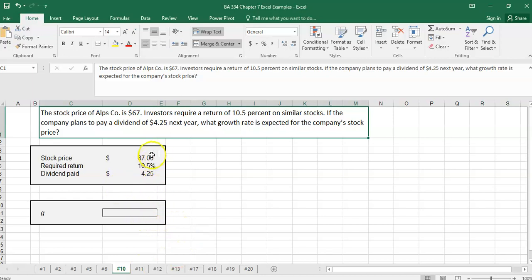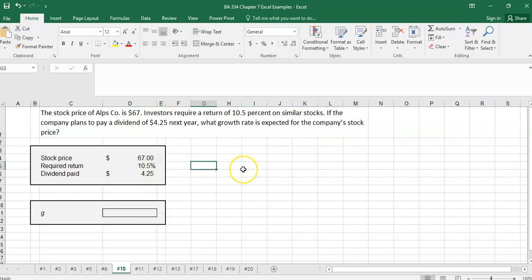In our next example, we are trying to calculate the growth rate. So we have information about the stock price, the required return, and the amount of the dividend paid. So we just rearrange our equation again. So the growth rate equals the required rate of return minus the most recent dividend paid divided by the price.